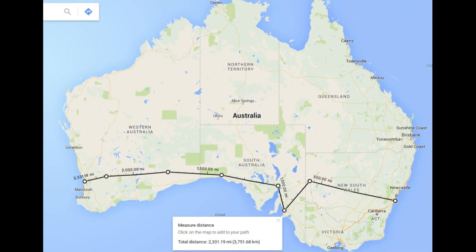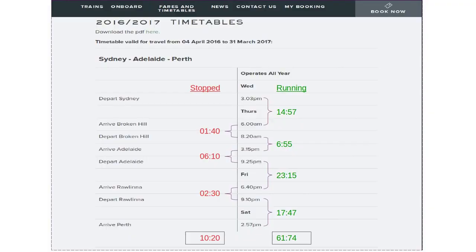And Google has a very different distance than the railroad did. And as you can see here, I added it all up. It comes out to 2,331 miles, or 3,751 kilometers, as the total distance for the train ride. So now let's see where it all comes out.